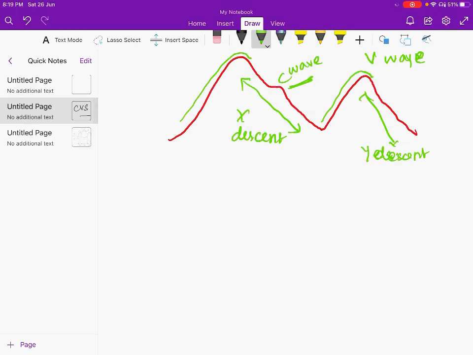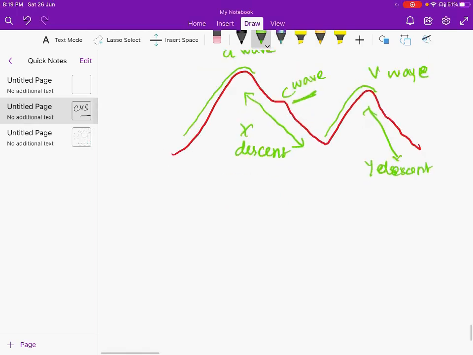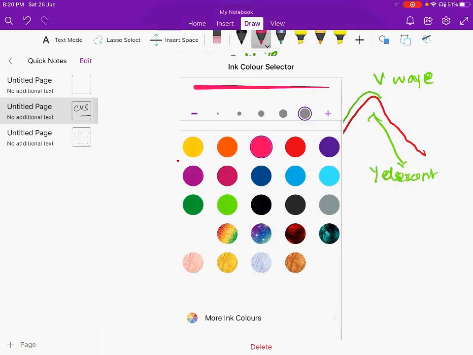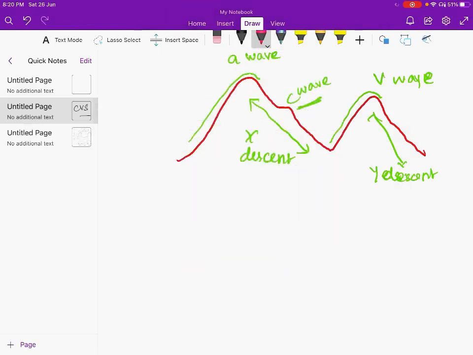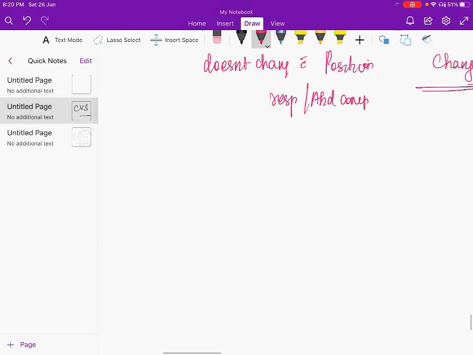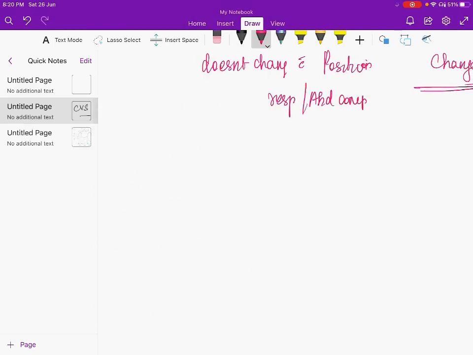So why is your A wave produced? Any idea why the A wave is produced? Yeah, good. The A wave is produced due to your atrial contraction. So we have seen the cardiac cycle. What happens in the late part of the ventricular diastole? Your second rapid filling phase happens.